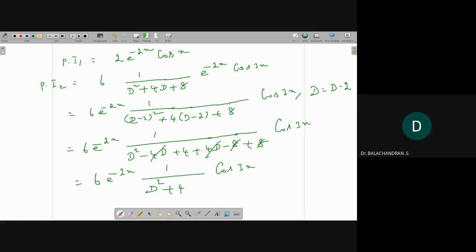Again, this is type number 2. Replace d square by minus a square. A is 3, so minus 3 square, that is minus 9.